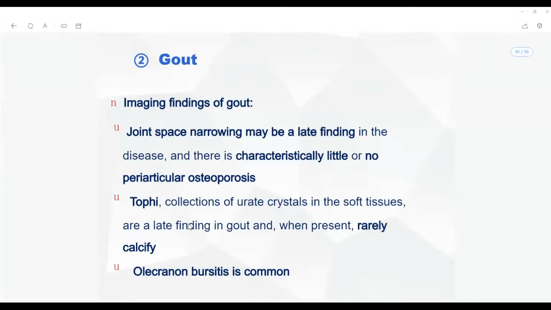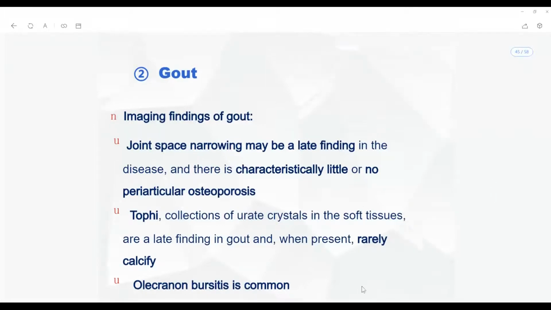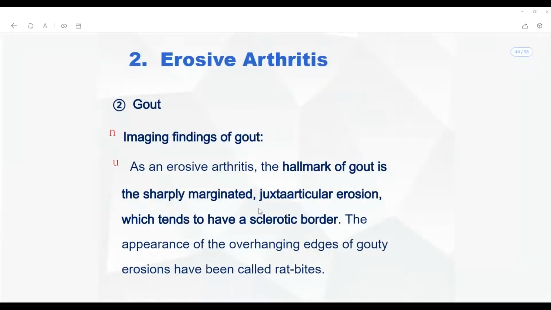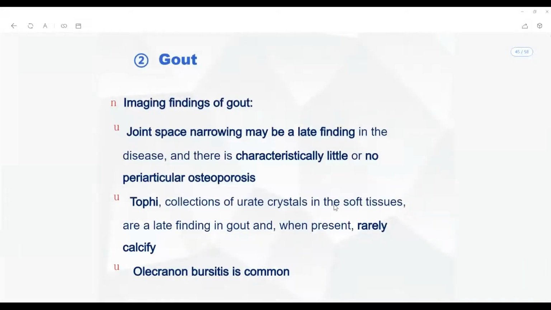Any collection of urate crystals in the soft tissue is considered a tophus formation. So tophus formation along with sharply marginated juxta-articular erosion is a radiographic feature of gout. You understand, right?